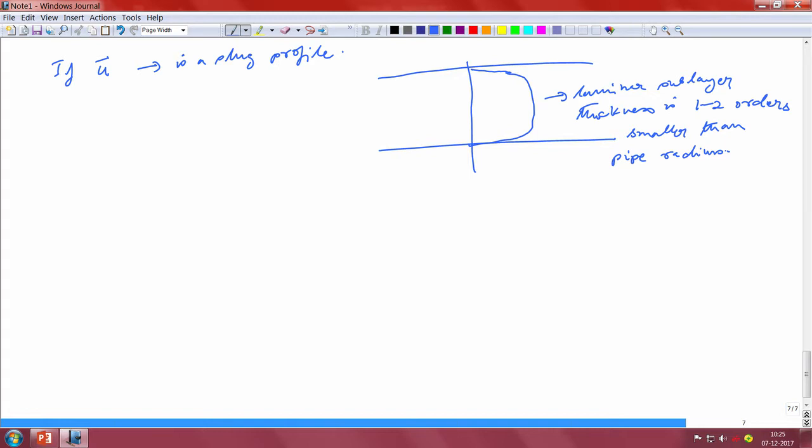So, it is a laminar sublayer thickness which is 1 or 2 orders smaller than the pipe radius.